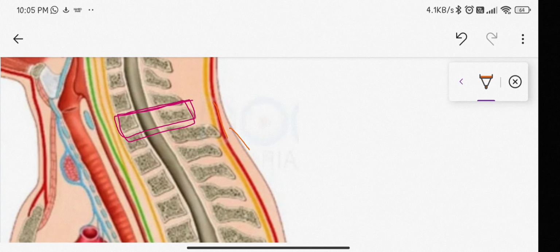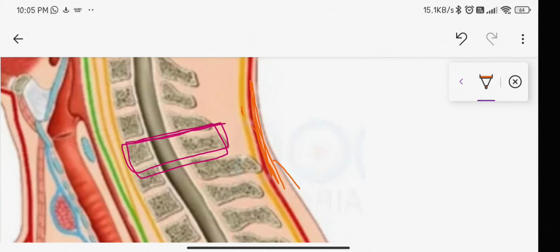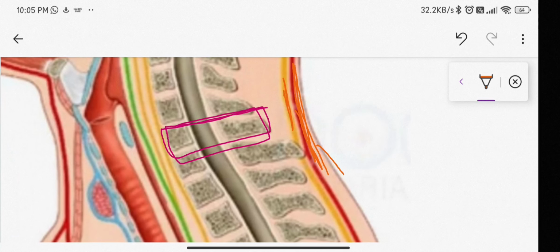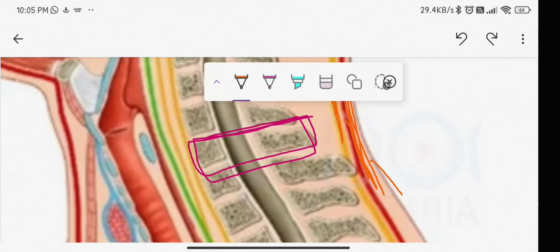This fascia is the outermost layer, the investing layer, and this fascia is the prevertebral fascia. On both sides here also, both are prevertebral fascia.